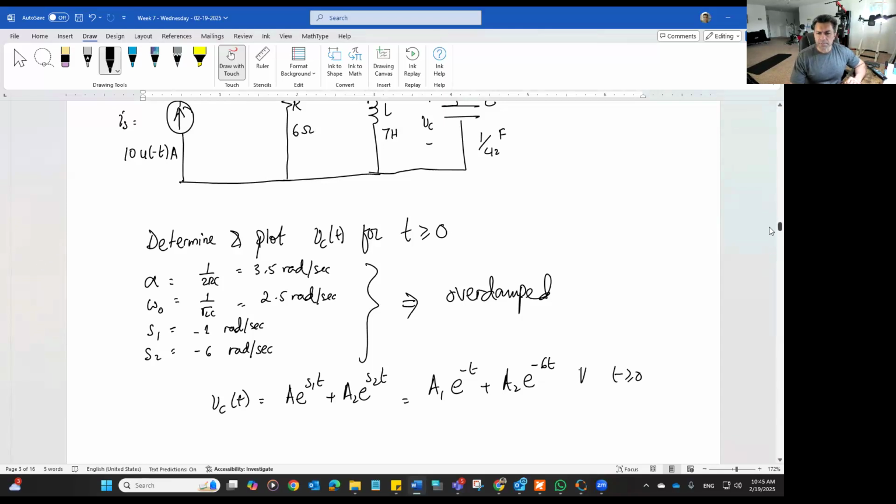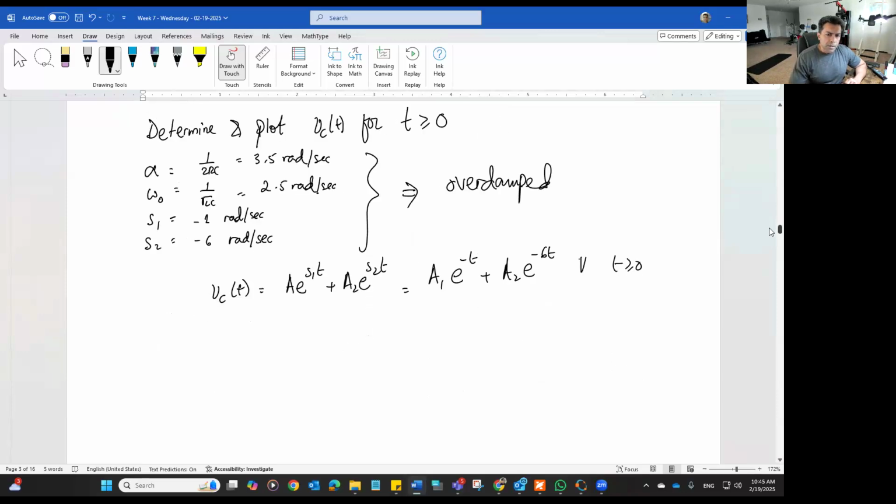That should be the step number 1, but I did this, but that's fine. Before we find the initial conditions, and then using those initial conditions find the values of A1 and A2, who's going to tell me which root is the significant root?